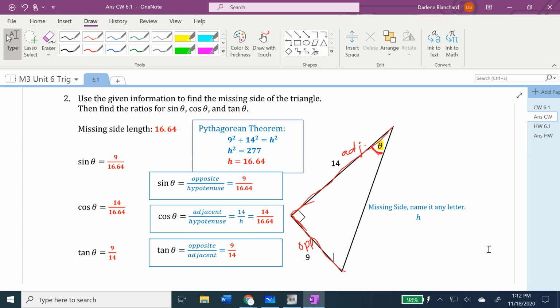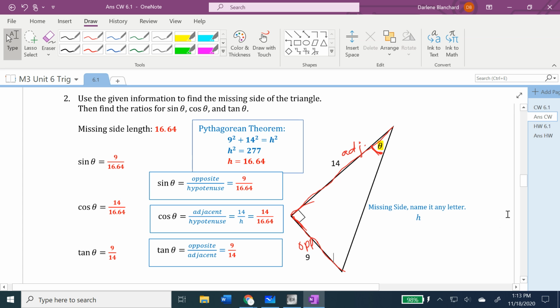You know that sine is opposite over hypotenuse. You know that cosine is adjacent over hypotenuse. And you know that tangent is opposite over adjacent. You want to come in tomorrow with that very, very solid. Because like I said, we're going to get 3 new trig functions coming into play tomorrow.